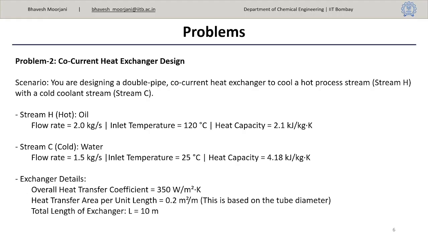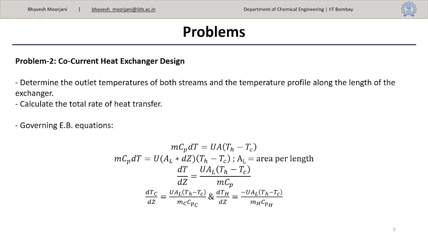Cold stream flow rate, inlet temperature, and heat capacities are also given. Exchanger information we also have, which is the heat transfer coefficient, and the heat transfer area per unit length is also given. This is based on the tube diameter that we have written. And the total length of the exchanger is 10 meters.